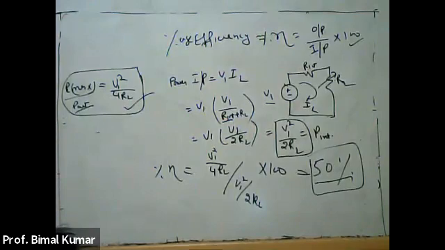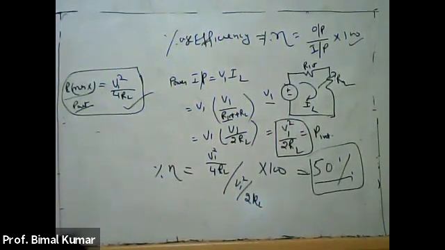Again I am repeating, by the use of the maximum power transfer theorem, the power across the load may be calculated as V1 square upon 4RL. Here V1 is the V Thevenin and RL is the R Thevenin.